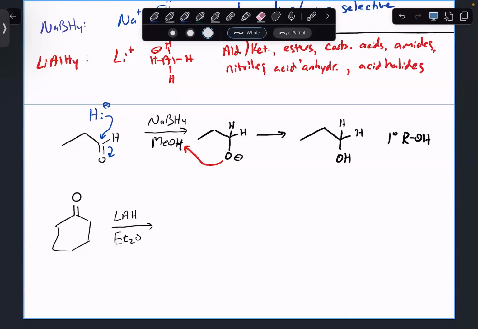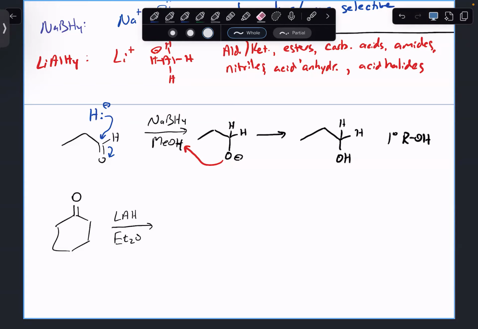With LAH, I'm using ether. In fact, you cannot use a protic solvent with LAH. It will catch on fire. In fact, the only major lab incident that I've ever been involved with was as a result of an LAH reduction. You have to keep it away from any kind of a proton source, any kind of moisture, even moisture in the air. If LAH sees the ambient environment, it will catch on fire. And so you do have to be quite careful when working with it.